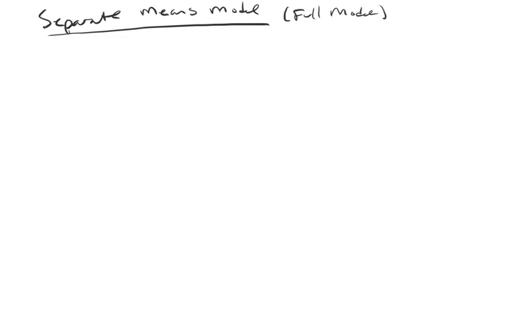Where the equal means model said all these points are drawn from the same population and the two groups don't matter, the separate means model says each group is a separate population with a different mean.